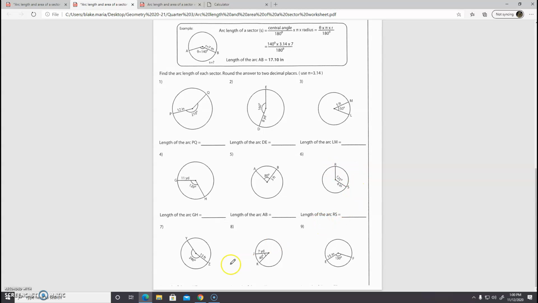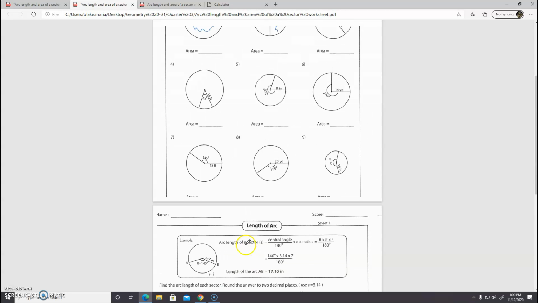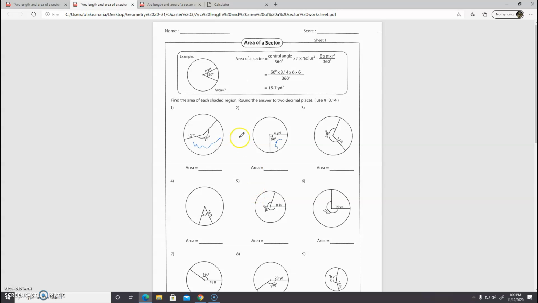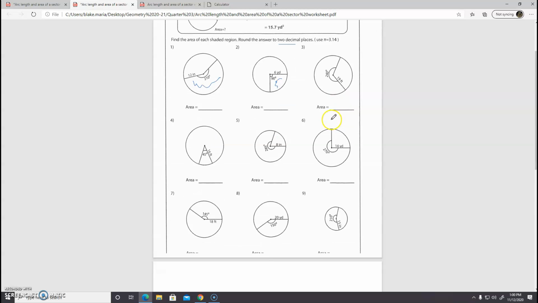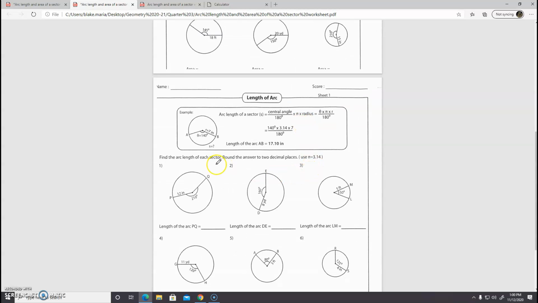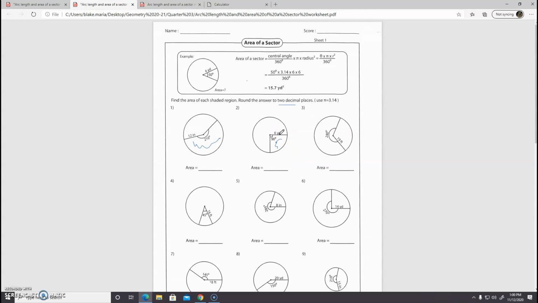But go wherever the loops are. Here use the 240. All right. So make sure you show all of your work. This one does say round to 2 decimal places. Okay, and use 3.14 for pi. This one does say round to 2 decimal places as well. Okay, and they give you an example up at the top if you need another example.